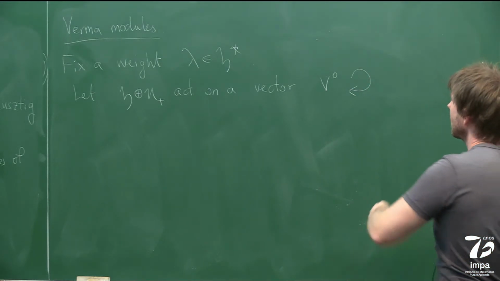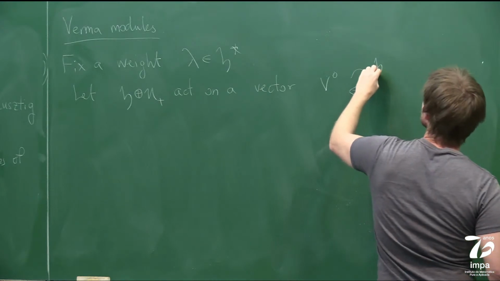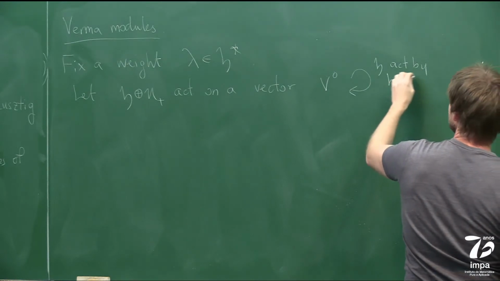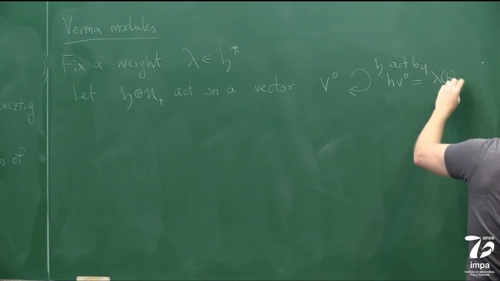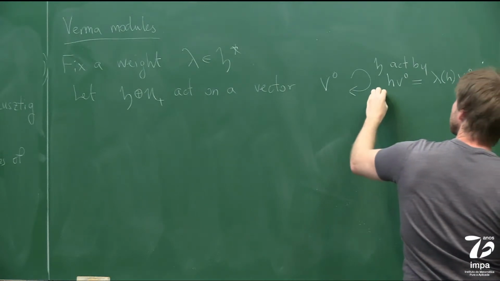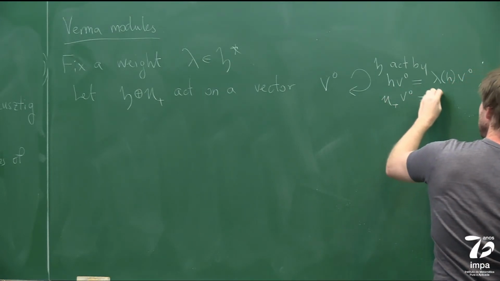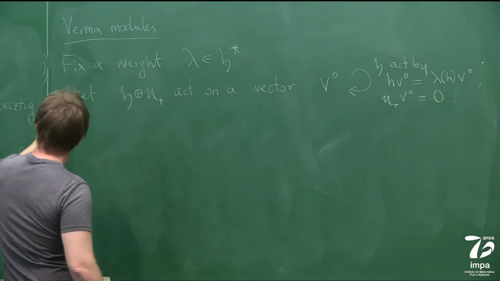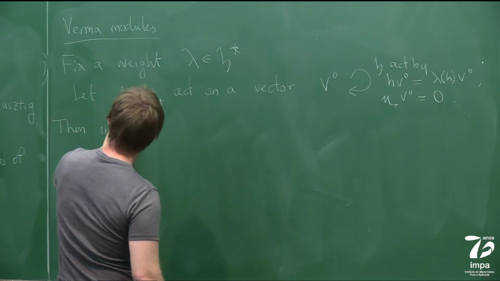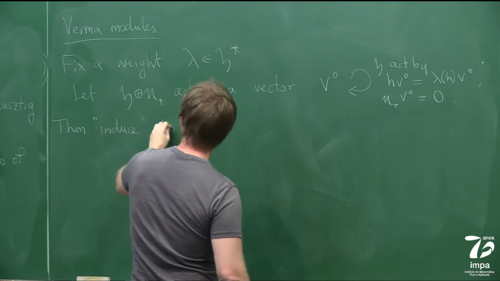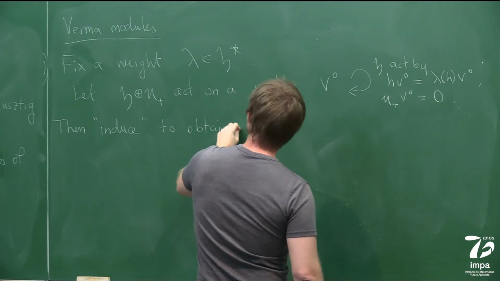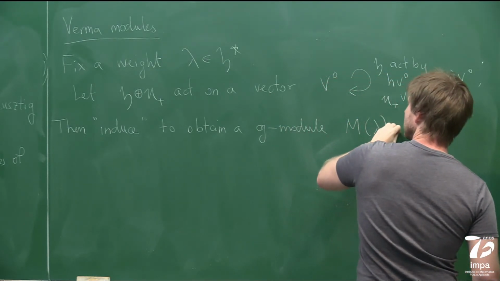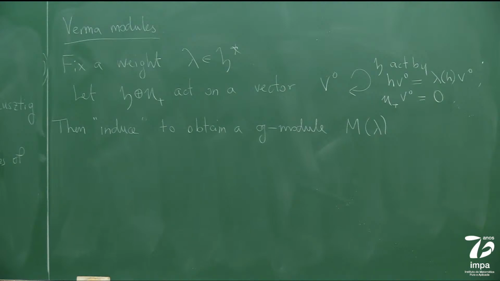Grab a vector, call it V0, and let H act by this character given by this weight, and declare that N plus is going to annihilate the vector. And then induce to obtain a G module, which we call M of lambda. This is the Verma module.